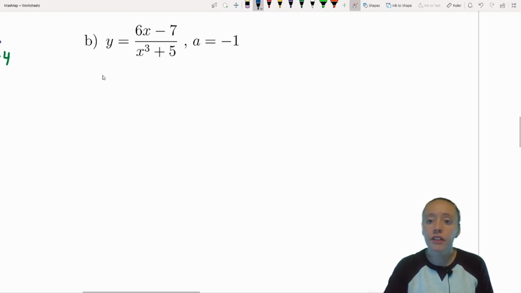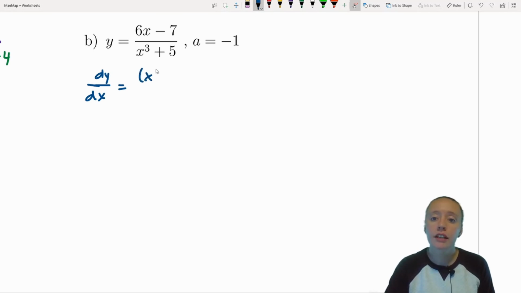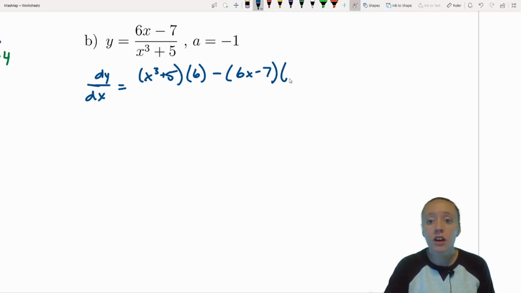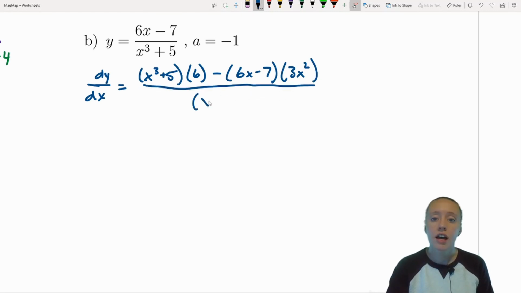Starting with the derivative, dy dx, remembering the quotient rule, we have low, x cubed plus 5, d high, the derivative of my high is 6, minus high, 6x minus 7, d low, the derivative of my low is 3x squared, and that's all over x cubed plus 5 squared.